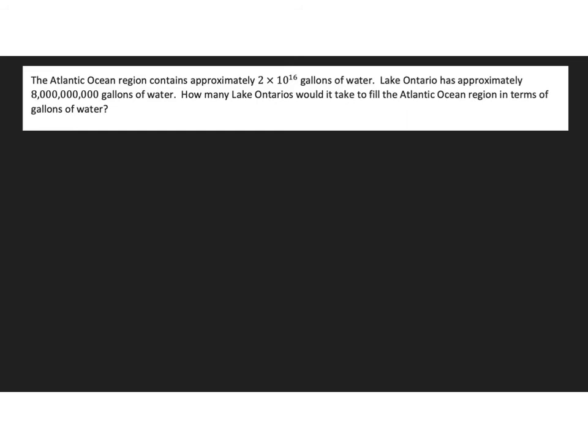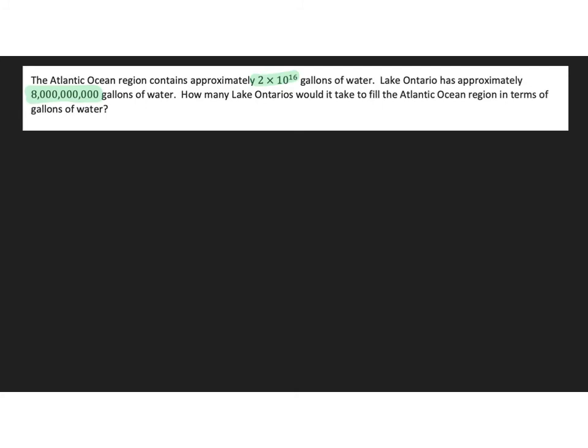All right, I believe this is our last practice one before we get into our closure and exit ticket. It says the Atlantic Ocean region contains approximately 2 times 10 to the 16th gallons of water. Lake Ontario has approximately this many gallons of water. This is 8 billion.